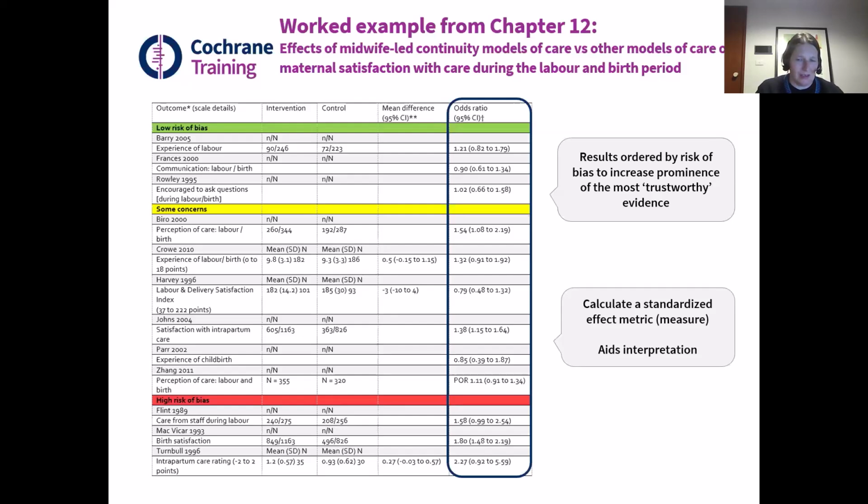Here an odds ratio has been calculated. I'm not going into details about how that's done, but formulas are presented in chapter 10 of the Cochrane Handbook that allow you to convert, for example, standardized mean differences to odds ratios. In doing so, you get a sense of the size of the intervention effects on the same scale across the studies.